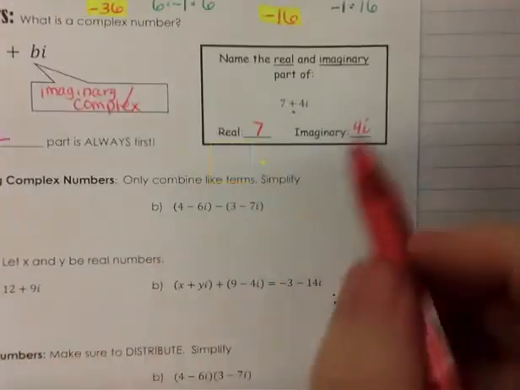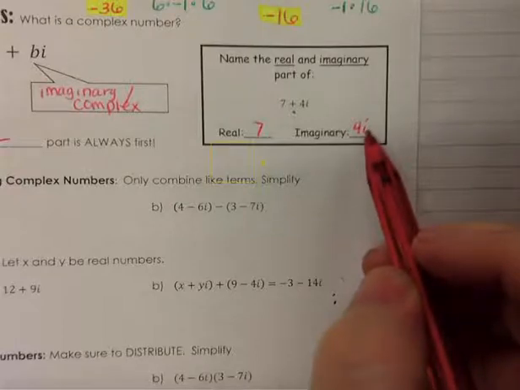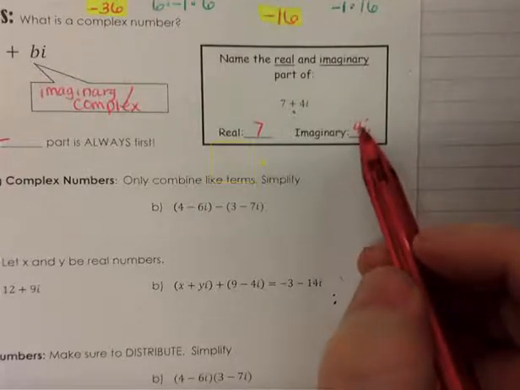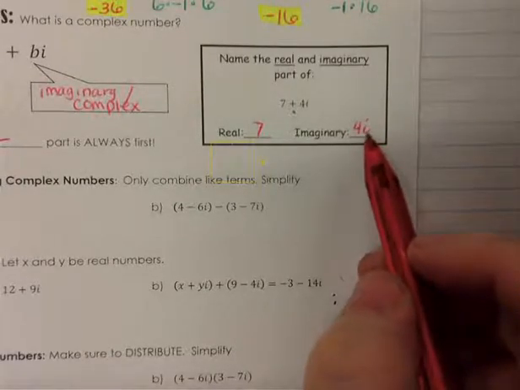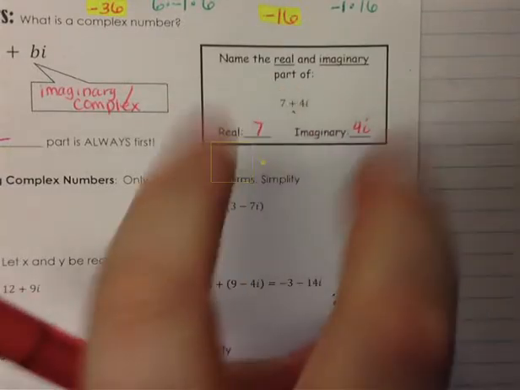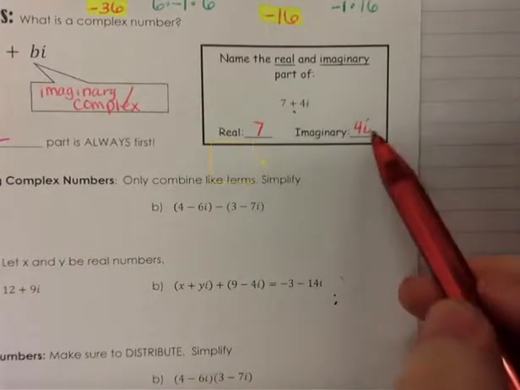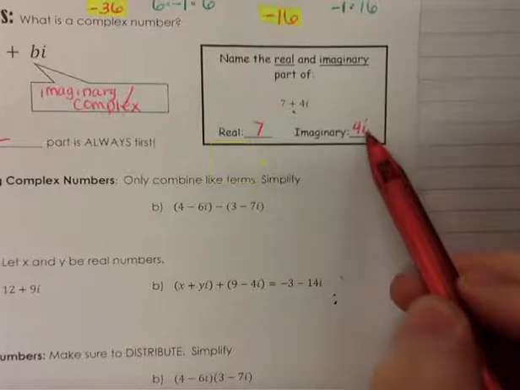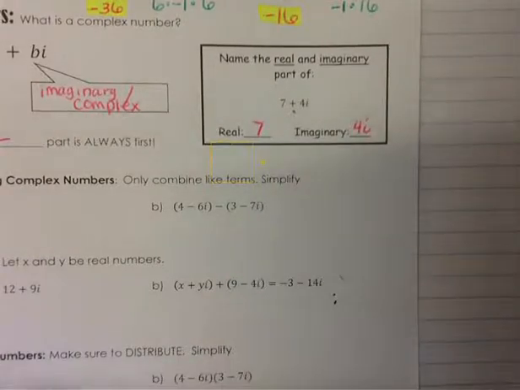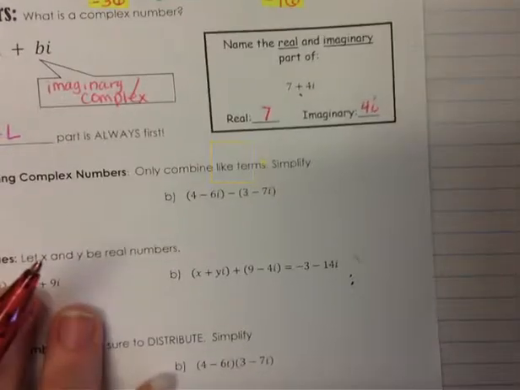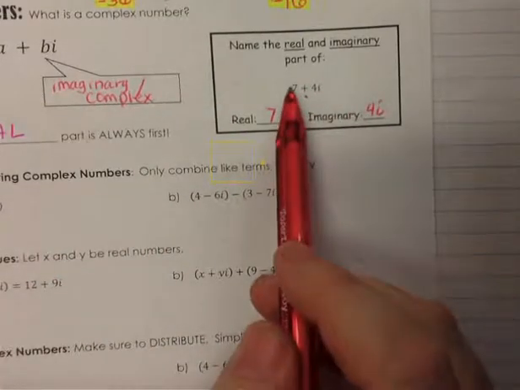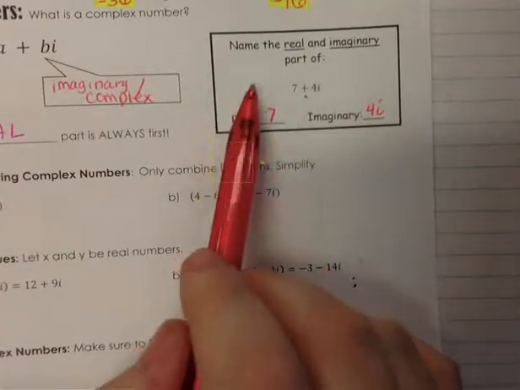And I do put a little tail on my i so I can distinguish between an imaginary and a variable. Let's say I wanted to use i as a variable. We never should, because i stands for imaginary. So we want to be careful with that. The real number you always want to write first because it's real, then imaginary.